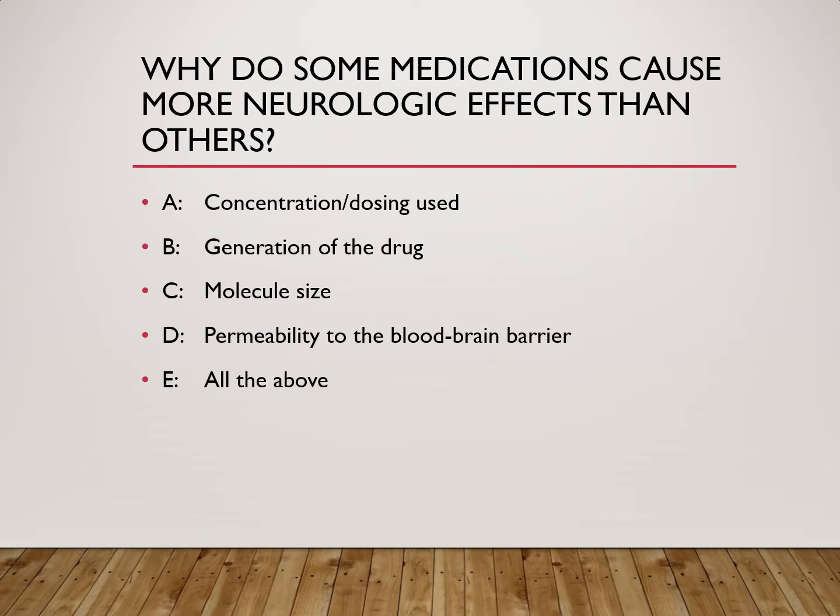Generation of the drug. Certain generations do or don't have the blood-brain barrier mechanism. So it depends. A really good example of this is people that have headaches. They take a drug called Inderal or propranolol. Propranolol is a beta blocker, right? Well, it just so happens it is the type of molecule that will cross the blood-brain barrier.